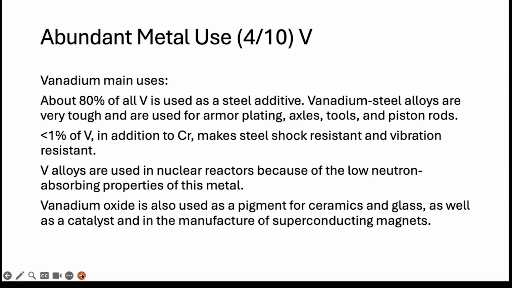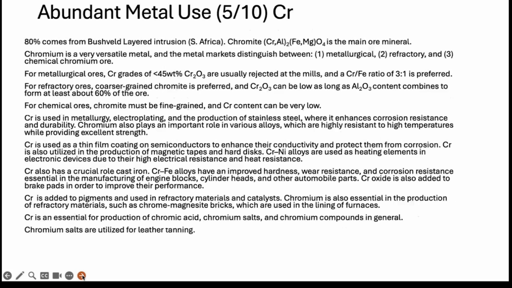Less than 1% of vanadium, in addition to chrome, makes steel shock resistant and vibration resistant. It's used in nuclear reactors because of the low neutron absorbing properties of the metal, and vanadium oxide can be used as a pigment for ceramics and glass, as well as catalysts and in the manufacture of superconducting magnets. Almost sounds like a material science class.